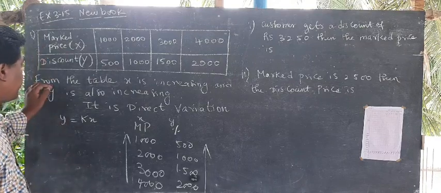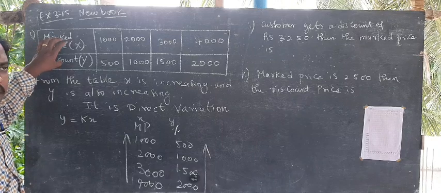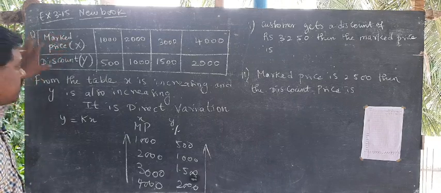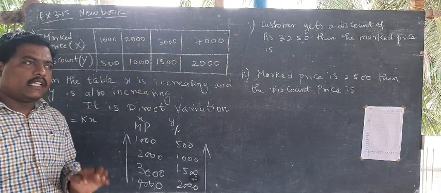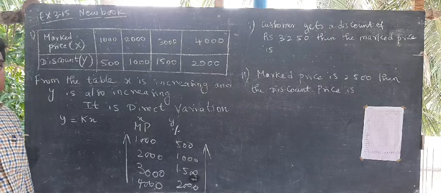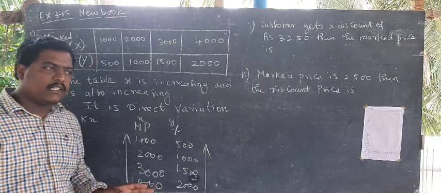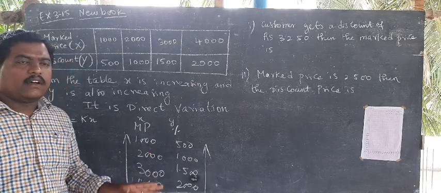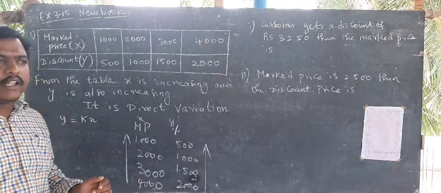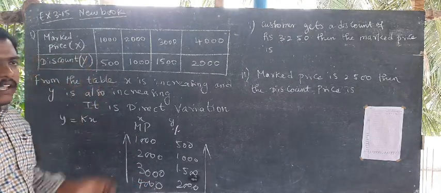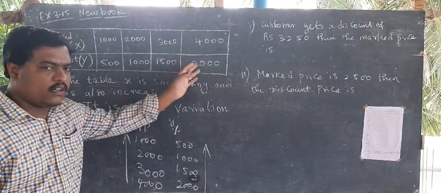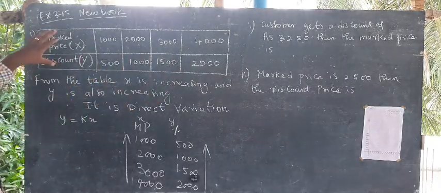So how are we forming this table? From the given data, because they have given 50% discount for every purchase. 50% means whatever the value is, half will be the discount. For example, 100 means we get 50 rupees, 1000 means we get 500. So ourselves we find the data.